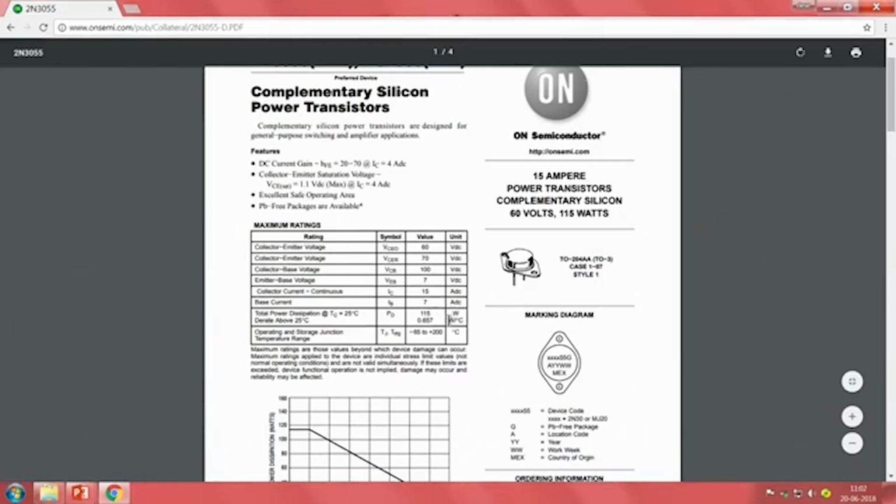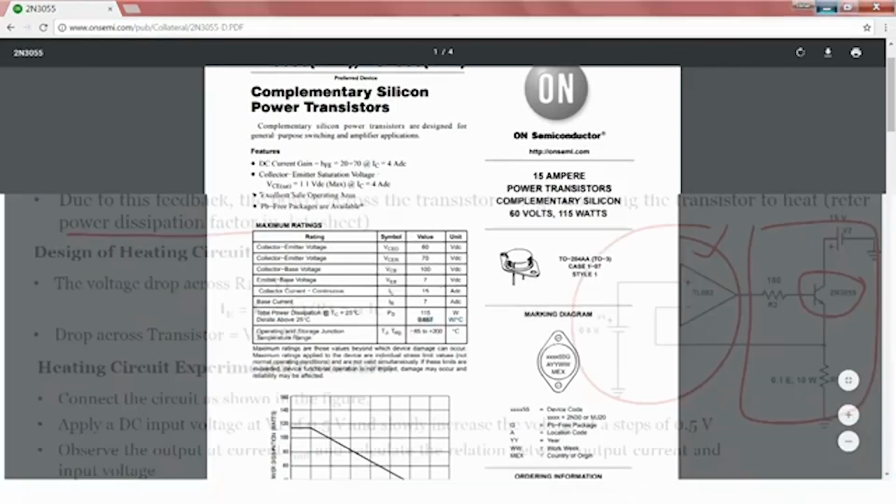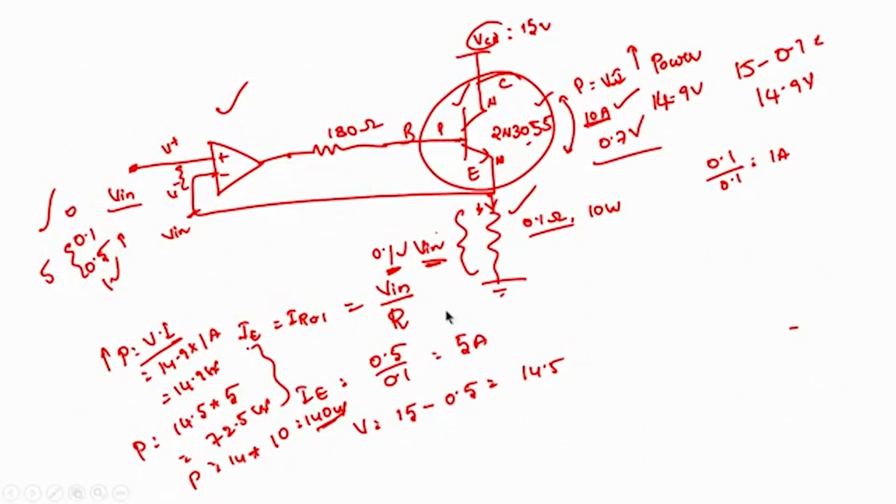It is clear that it is 0.657 watt per degree centigrade, right. That means 0.657 watts is responsible for 1 degree. Now, we have a wattage of 14.9 watts. So, how many degrees will it be?